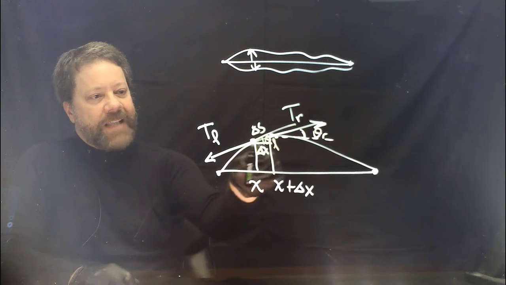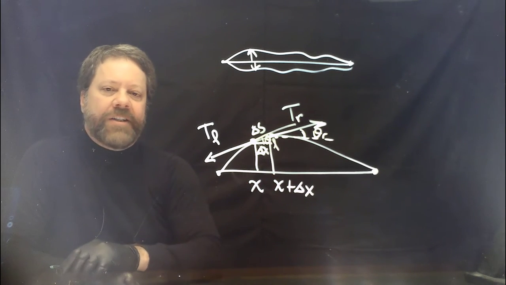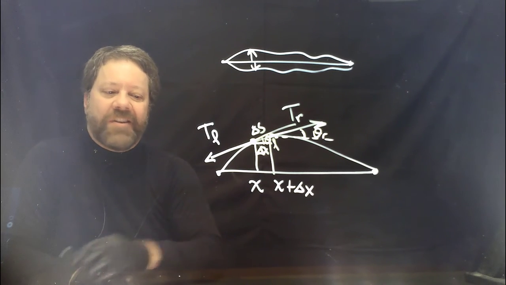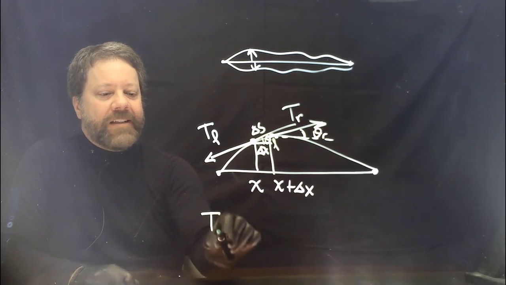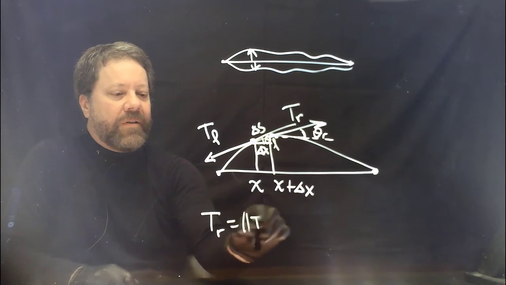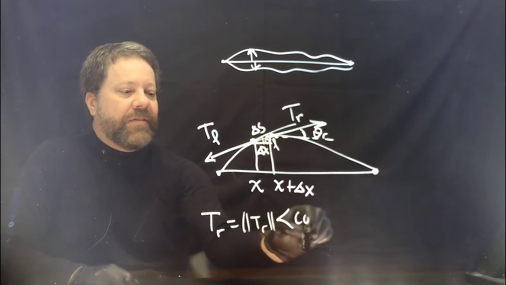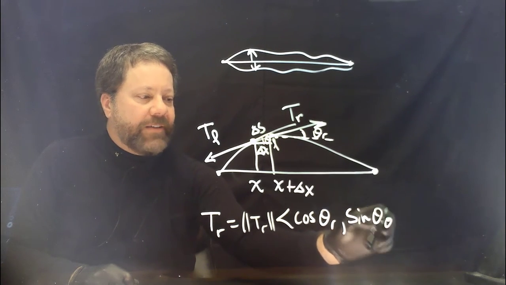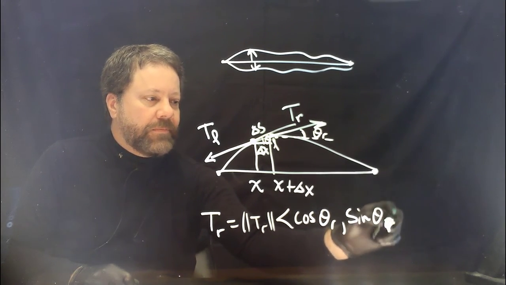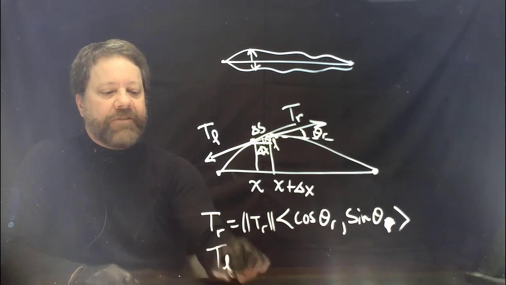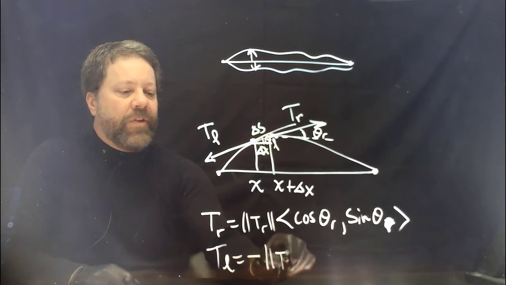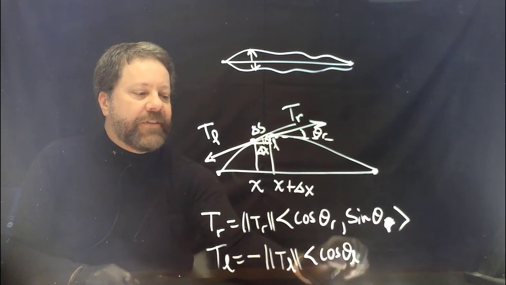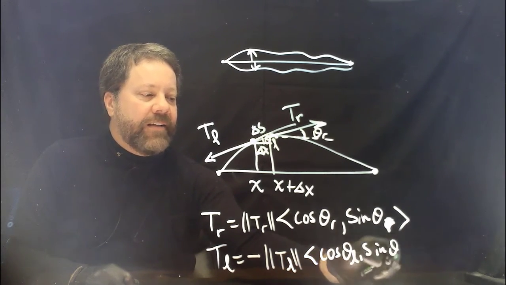We'll take this theta left as our direction angle, but if we multiply by -1, it'll point the vector in the right direction. So that T_R is the norm of T_R times cosine theta right, sine theta right. And T on the left will be minus the norm of T left times cosine theta left, sine theta left.